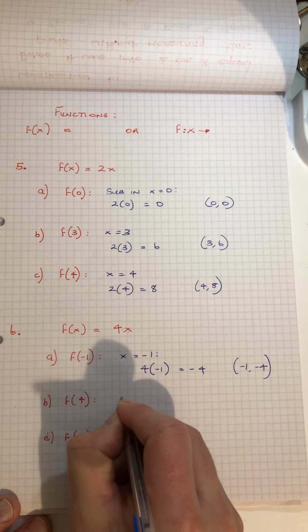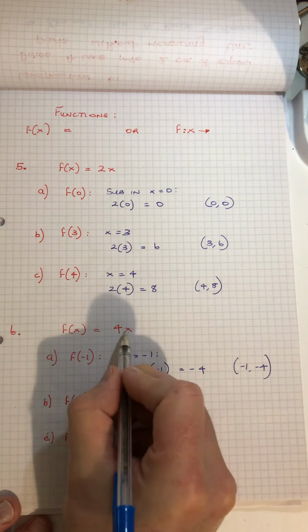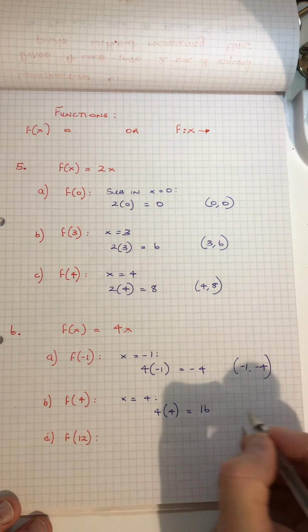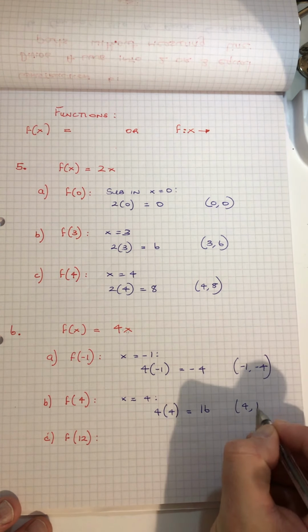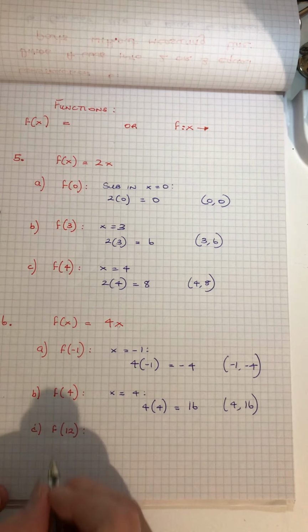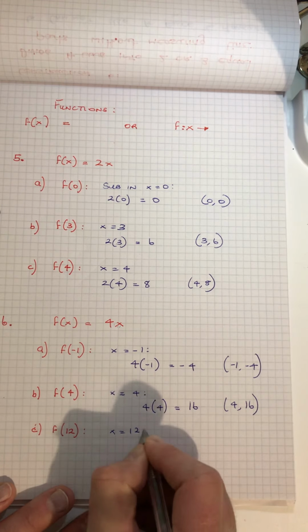F of 4, x is equal to 4. So it's 4 times x is 4 times 4, which is 16. So put in 4 and get out 16. And the last one, f of 12, x is equal to 12.